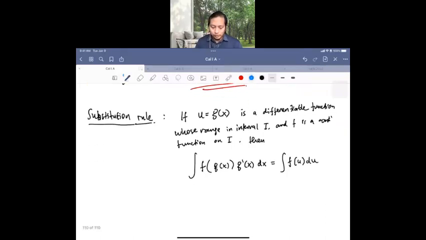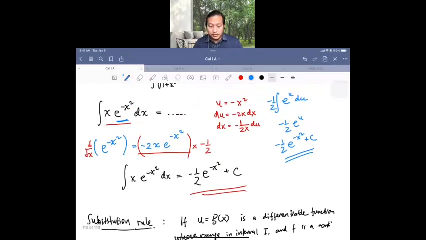You can also write u is g of x, so du is g prime of x dx. Basically, this is just the official statement of what we have done in the example here.